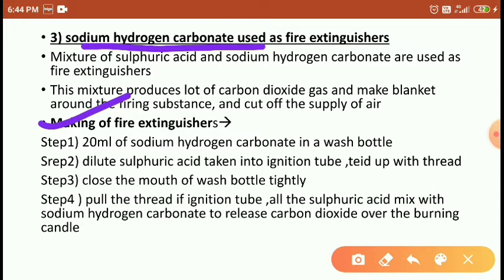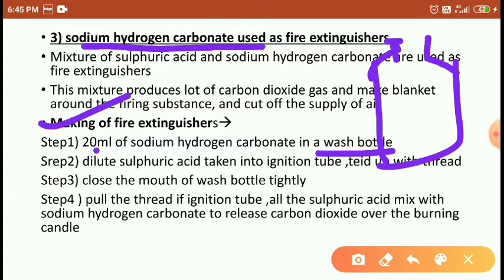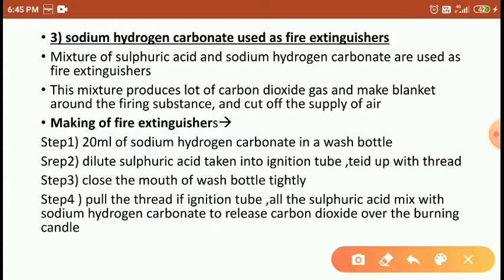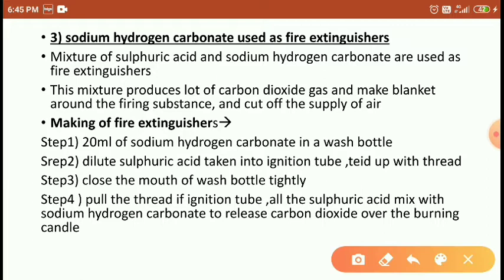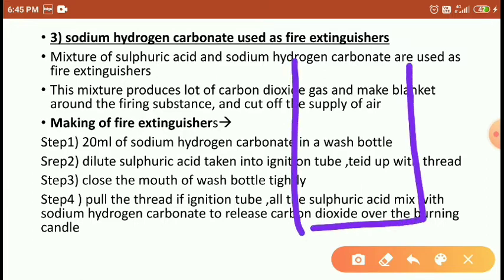First step, 20 ml of sodium hydrogen carbonate is taken into the wash bottle. This type of bottle, students, we call a wash bottle, right? Dilute sulfuric acid is taken into an ignition tube tied with a thread, and the mouth of the wash bottle is closed tightly.